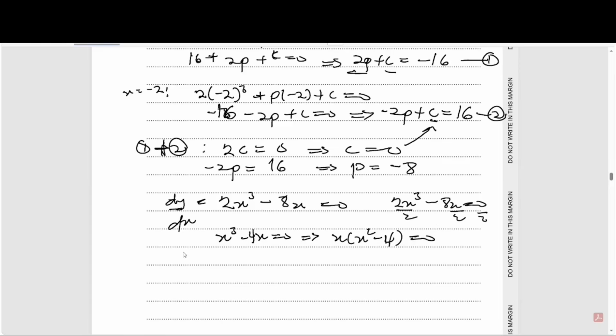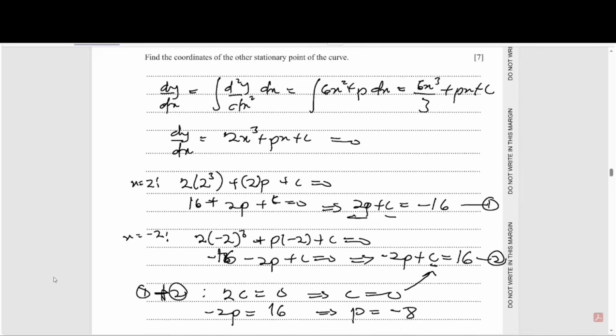So from this we have x is equal to 0, and from the other one, x squared minus 4 will give us x equal to 2 and x equal to -2. And these were the values that we've been given already. So it means the missing x value we're looking for is x is equal to 0.